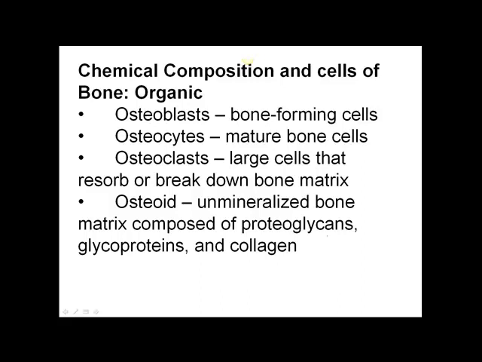They actually secrete hydrochloric acid, which obviously just dissolves all of those calcium salts. And then osteoid is an unmineralized bone matrix composed of proteoglycans, glycoproteins, and collagen. The proteoglycans and glycoproteins, you don't have to remember those names. That's what makes the matrix on many of your connective tissues.